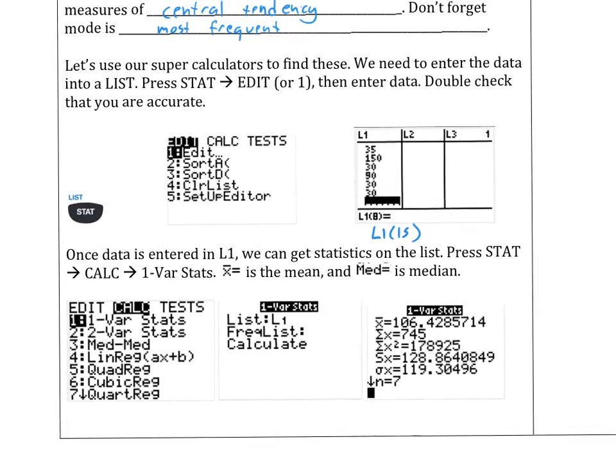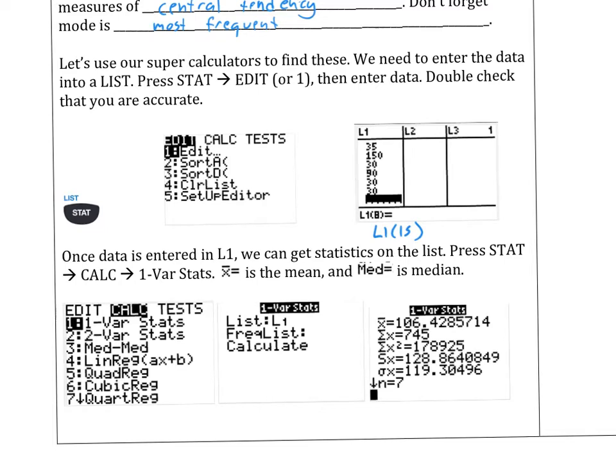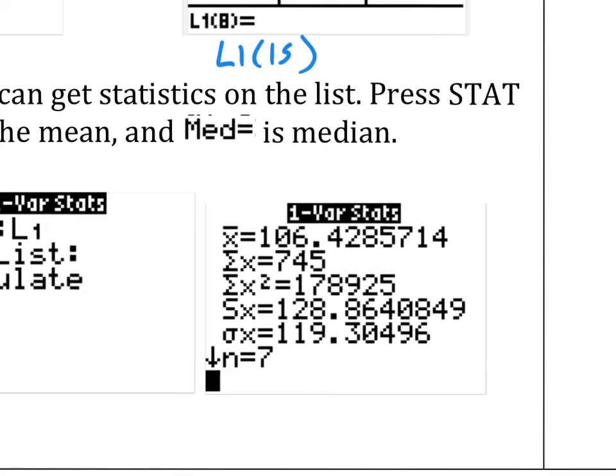After you press stat, we're going to go over to the calc. One variable statistics is going to tell you things that you need, and just to refresh, this symbol right here simply means the mean. This one here means the sum of the terms.